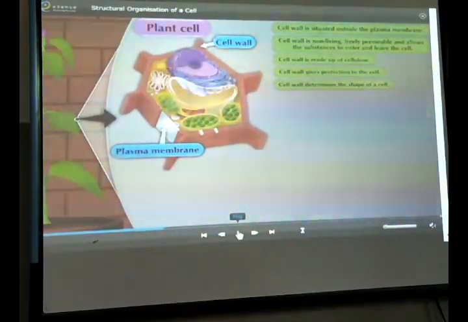The cell wall is non-living, freely permeable, and allows substances to enter and go out. The cell wall is made up of cellulose and pectin. The cell wall gives protection to the cell, and also gives some mechanical strength. The cell wall determines the shape of the cell.